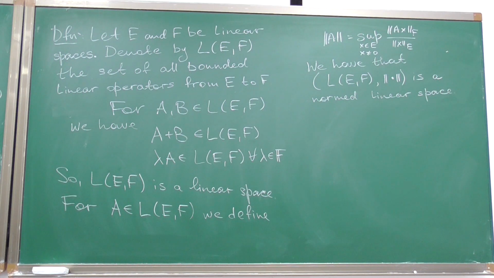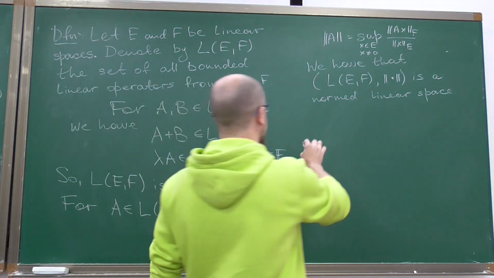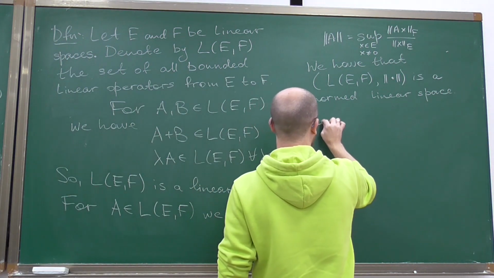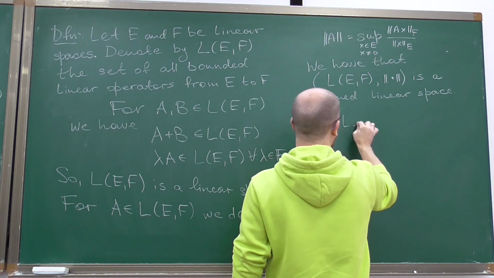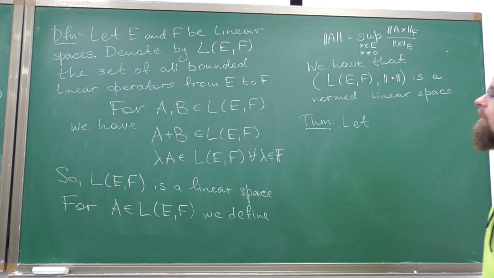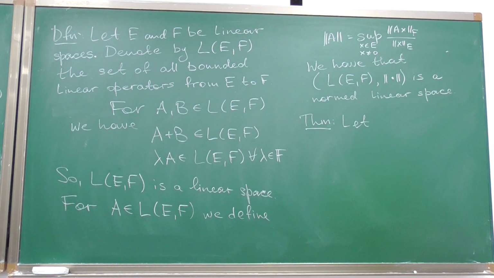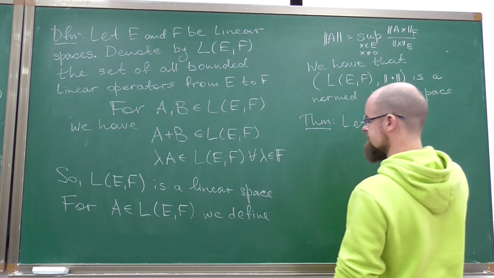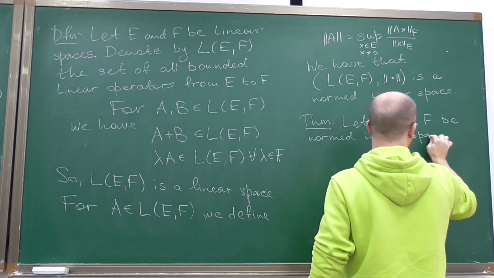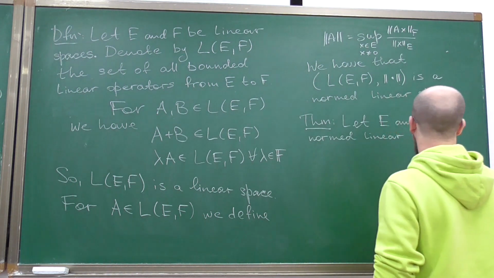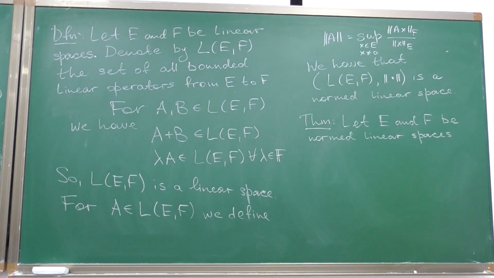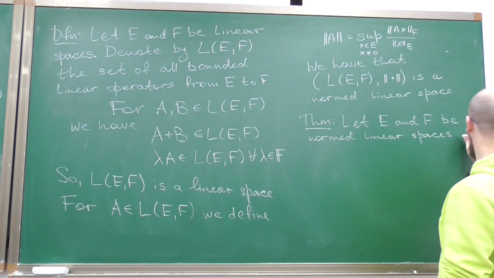Which is already nice, but can we get some more? We want to check whether this space is complete. Let me state the theorem. Let E and F be two normed linear spaces, and let F be complete, which means that it's a Banach space.